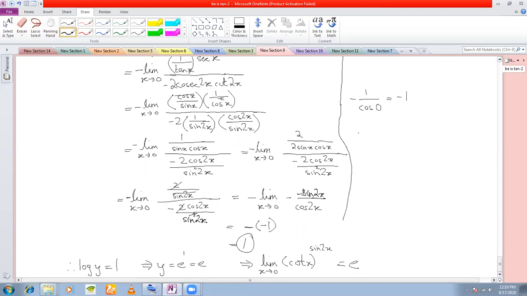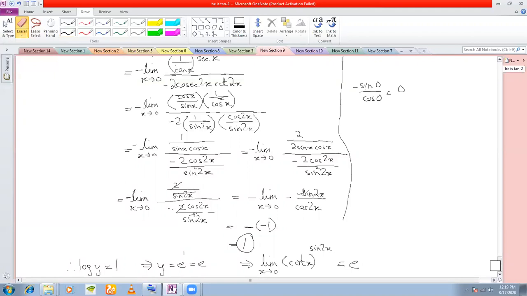Okay, you can convert to tan 2x also, or you can put it directly here also. You get minus sine 0 by cos 0, which is 0.